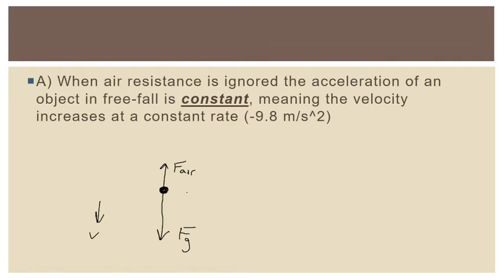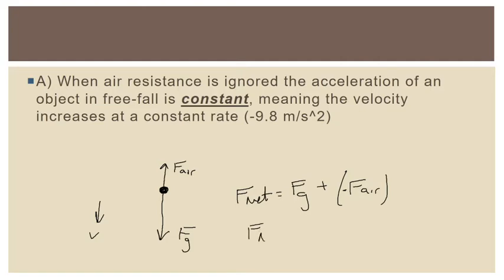And so the point here is the net force, which is going to be the sum of Fg and F air, which in this case is actually negative because it acts the other way. Or you can consider the force of gravity negative. Either way, they're opposites, so you would subtract them.